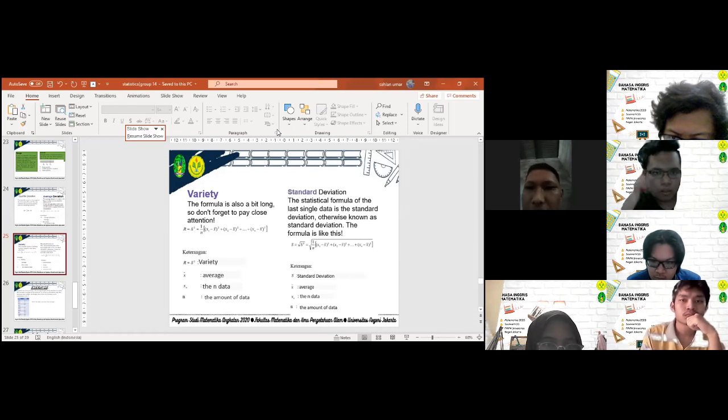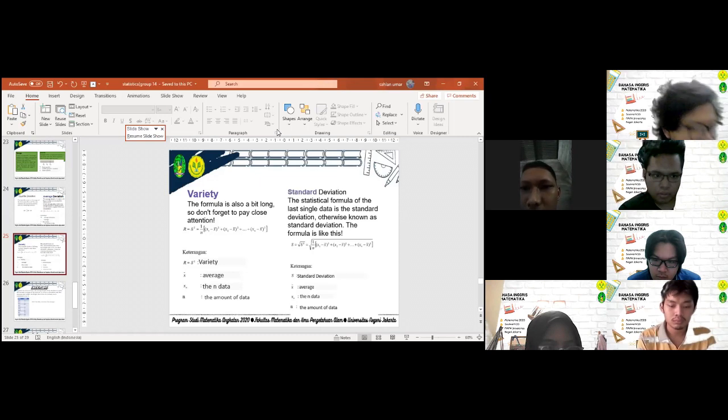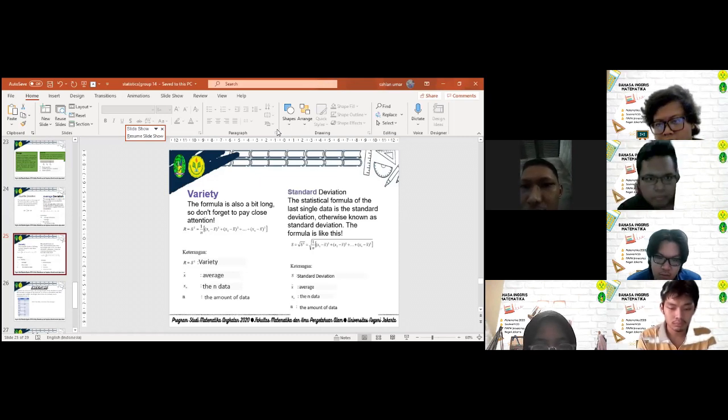I'm going to try to answer Fahri's question. The question is, what is the relation between statistic concept and economics? Is that right? Yes, right.